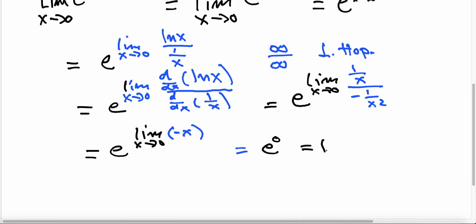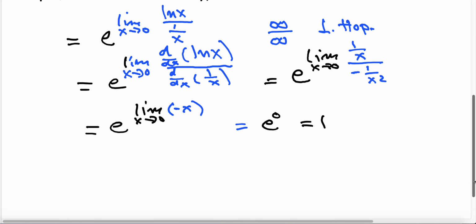E in exponent 0 is 1. So we already showed here that the limit x approaches 0 of the function x in exponent x is equal with 1. This is the answer.